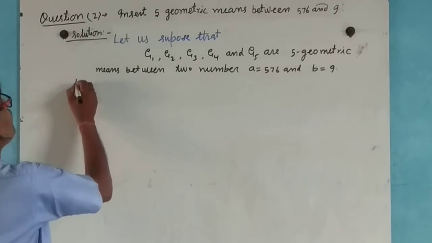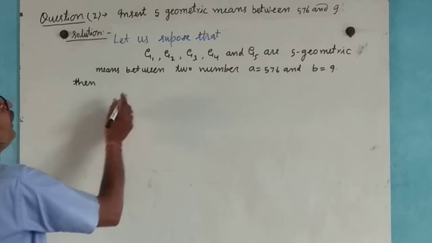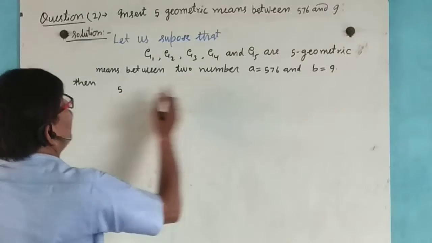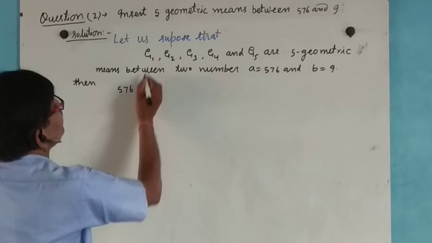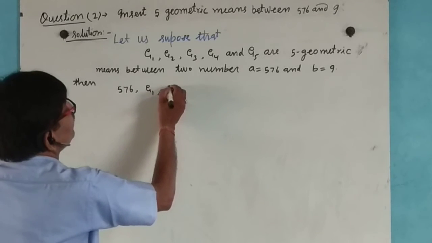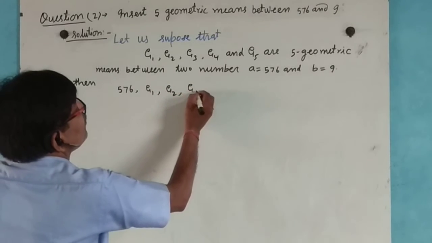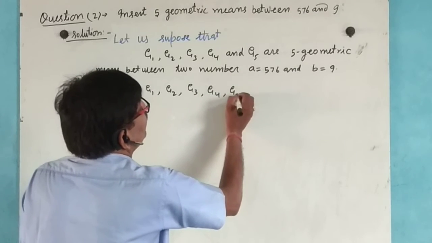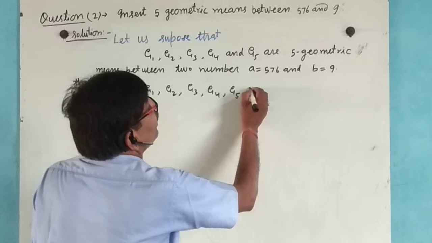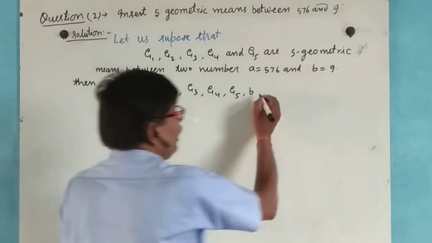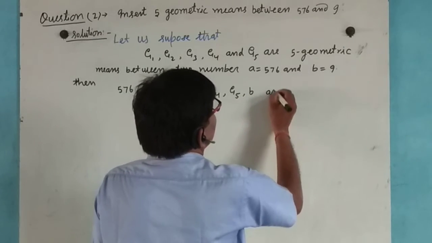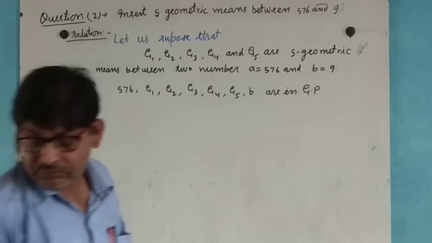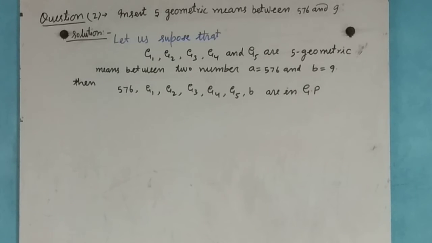Then 576, G1, G2, G3, G4, G5 and B are in GP.